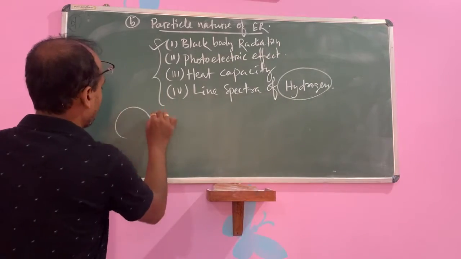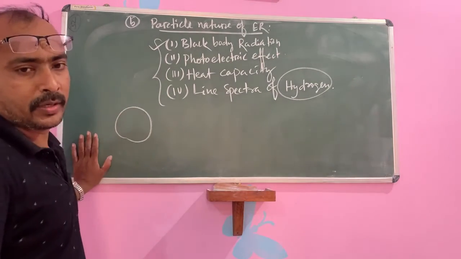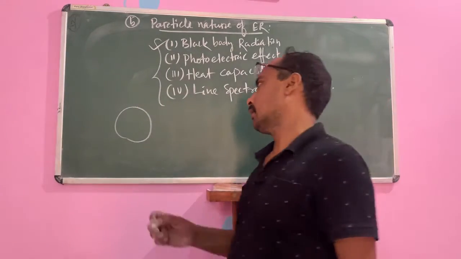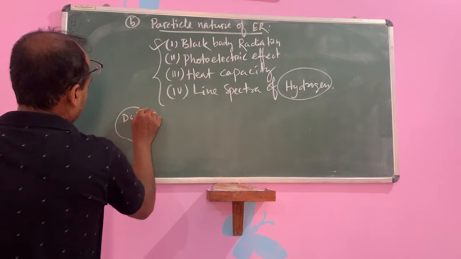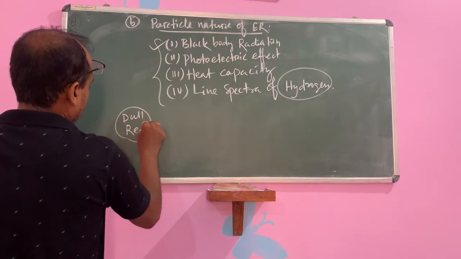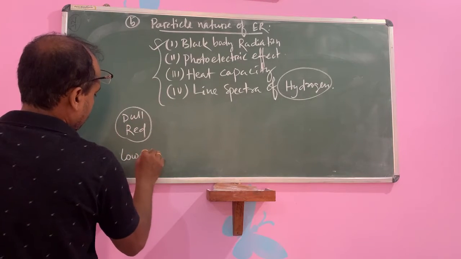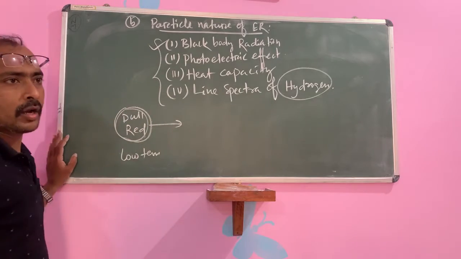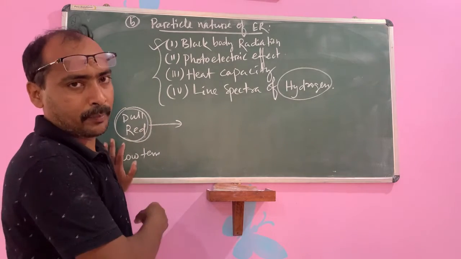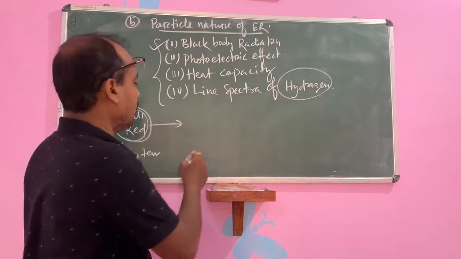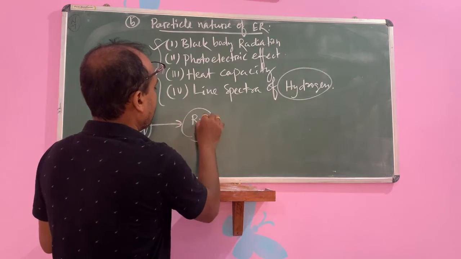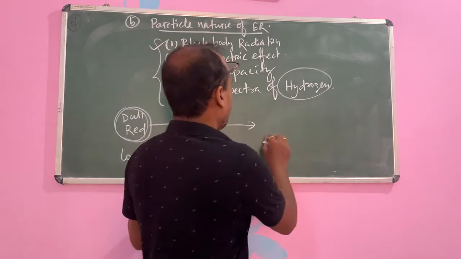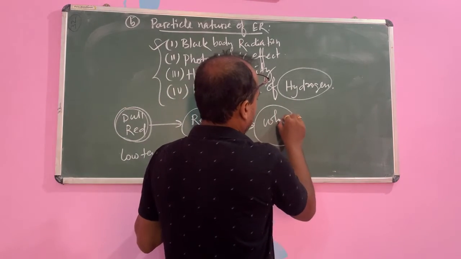Suppose at low temperature, an iron or metallic ball is dull red. After giving more temperature, it becomes red, bright red, then with more temperature the body changes to white.